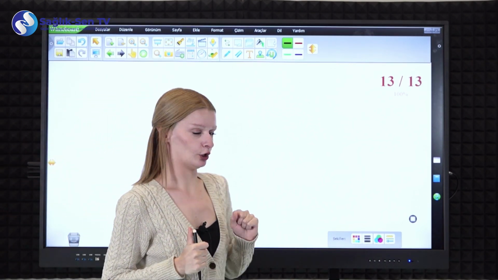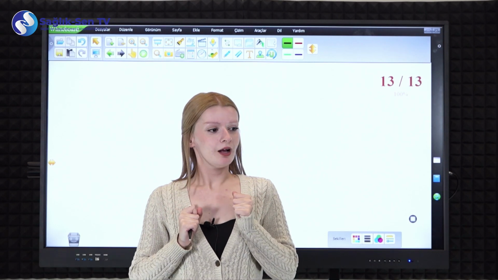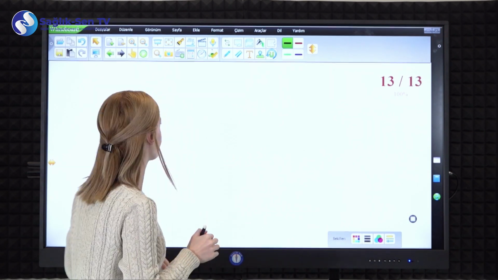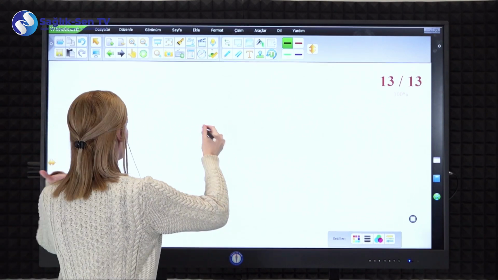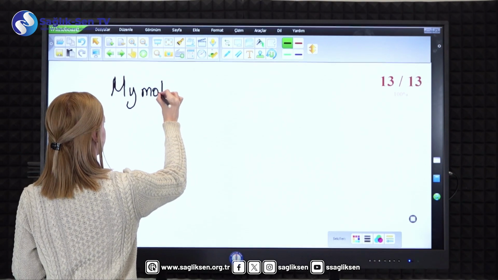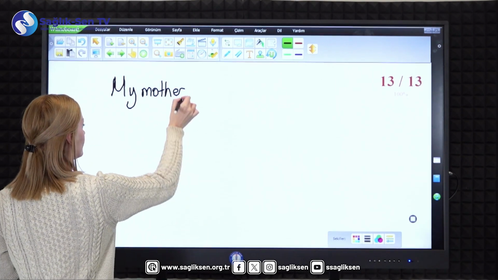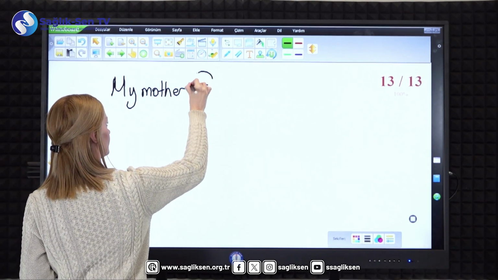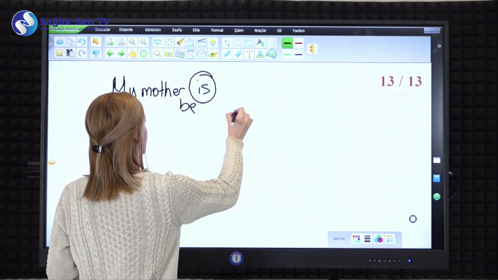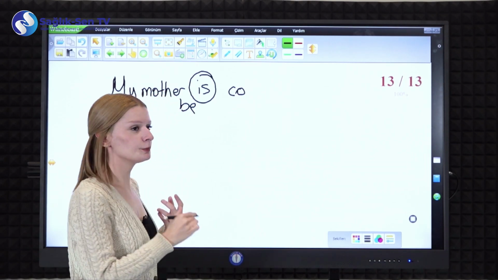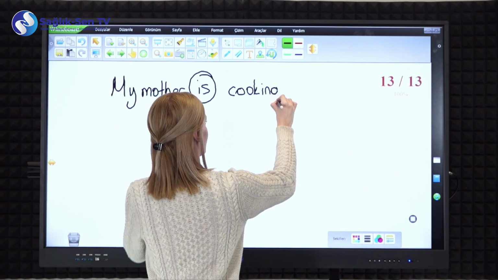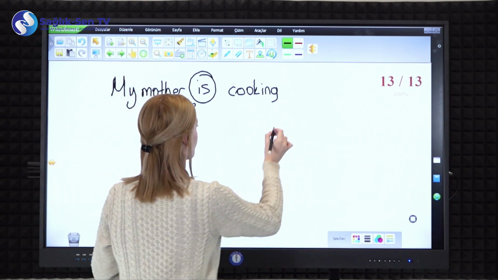Şey demek istiyorum. Şu an annem mutfakta yemek yapıyor. Özlem, my subject, my mother, is, be çekimim. My verb is cook. I add ing, cooking.